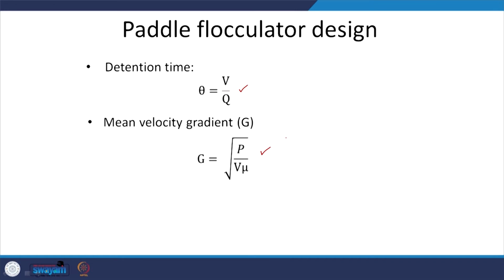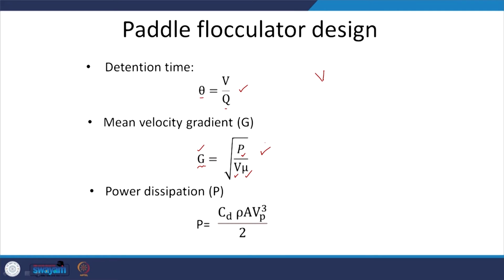Depending on the question, you will go either from the power to calculating G or from G to calculating power. So what is the overall approach? First, from the given theta and Q, I will calculate the volume. Once I have the volume, since we know the G value, the viscosity, and the volume, I will calculate the power that is required, either assuming 100% efficiency or lesser.